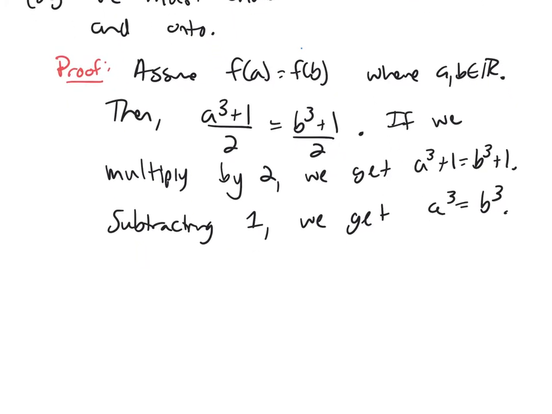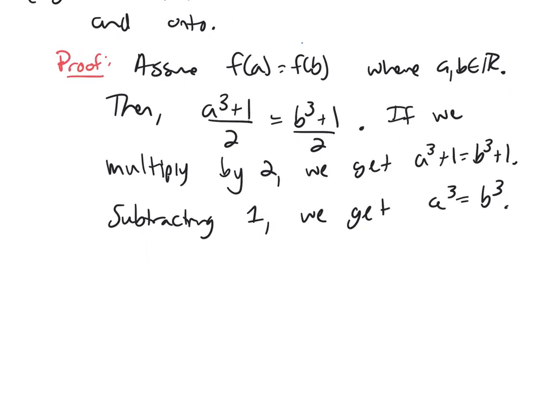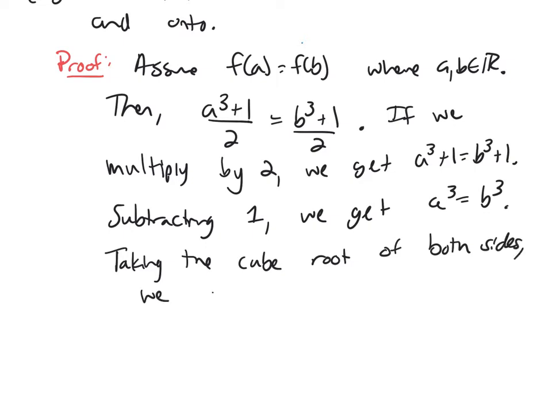And then here I'm talking about real numbers, so I can take the cube root. Taking the cube root of both sides, we get A equals B, and f is 1 to 1. So we've proven that this function is 1 to 1.